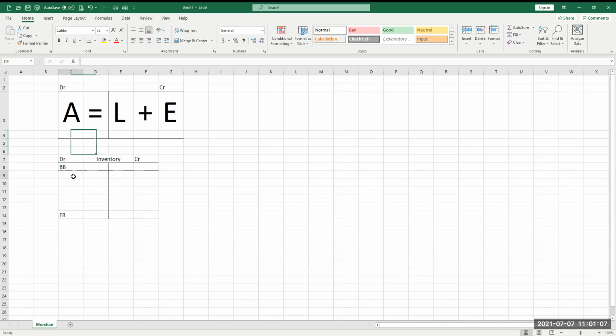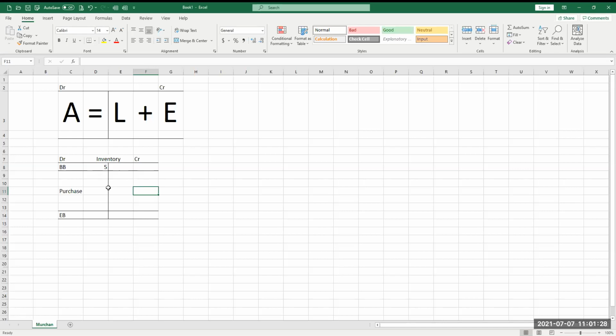Okay. So let's focus now on the inventory. Question for you. If my beginning balance here is $5, on the debit side is my purchases, right? Correct?